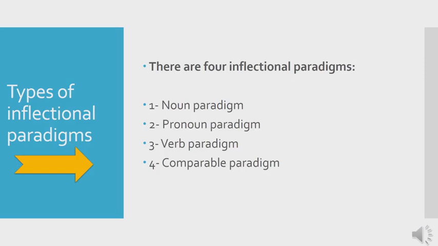The comparable paradigm is the adjective paradigm, but we don't call it an adjective paradigm. We call it a comparable paradigm. In addition to those 3 paradigms, we have an additional inflectional paradigm that is called a pronoun paradigm. So to sum up, we have 4 inflectional paradigms: a noun paradigm, a pronoun paradigm, a verb paradigm, and a comparable paradigm.